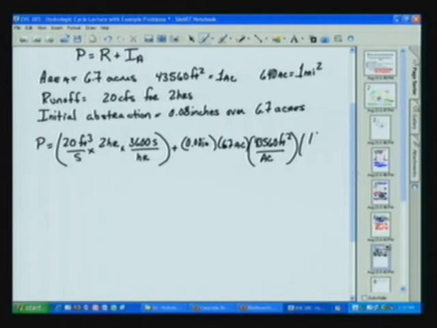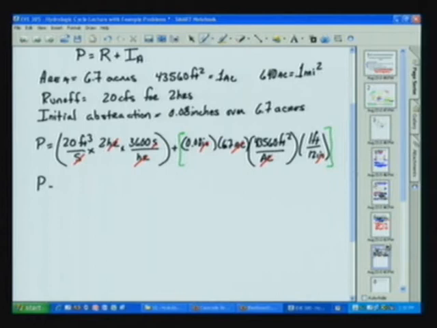And there's a foot in every 12 inches. So we know that is there. If we glance over here, we notice the hours are going to cancel, seconds will cancel, inches cancel, acres cancel. So we have cubic feet on both sides of that.